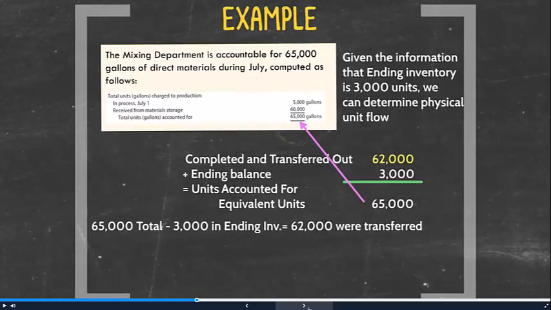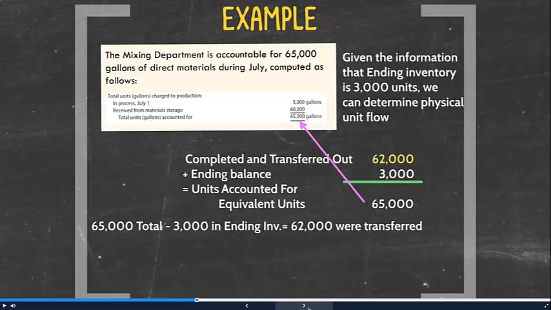Here is an example of that step 1 process. Again, they're going to give us certain information, the beginning balance and how many units were transferred into production. And that tells us the total units to be accounted for. Here, that total amount would be 65,000. Also given to you would be the units left in the ending balance.